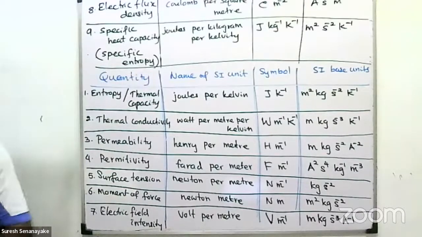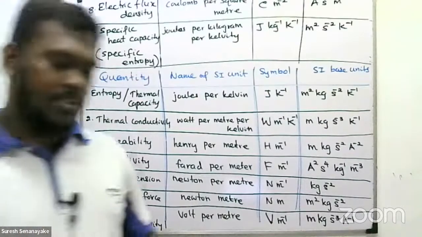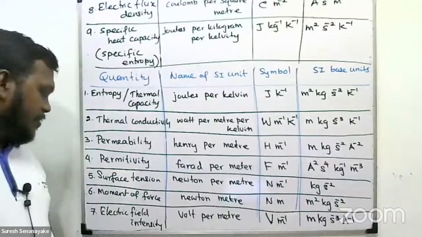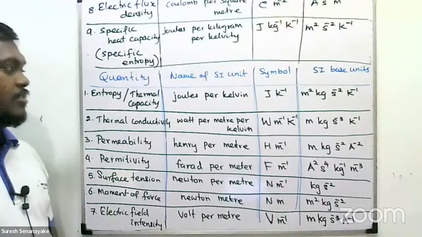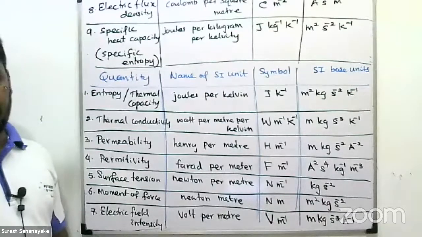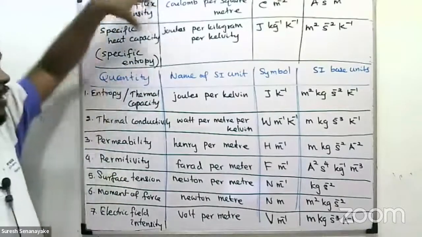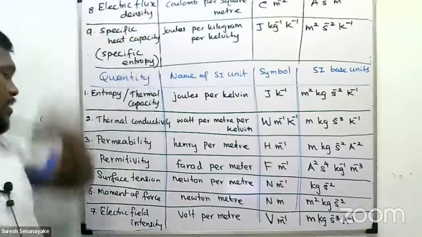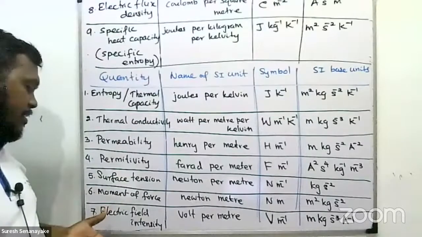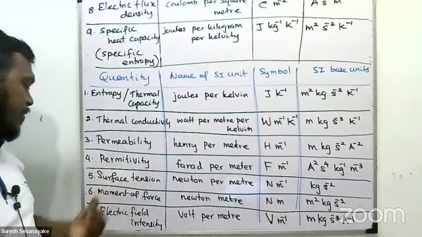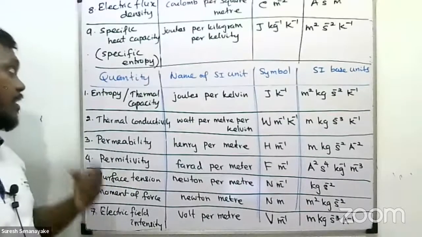That's true. There are more than this also, right? There are so many derived units, but these are the most common things used in your syllabus. The heat-related ones we use in the heat lesson. In the electric field lesson, we use permittivity, electric field intensity, flux density.